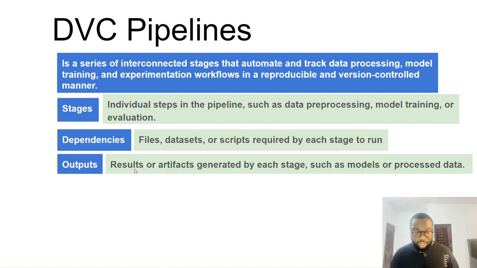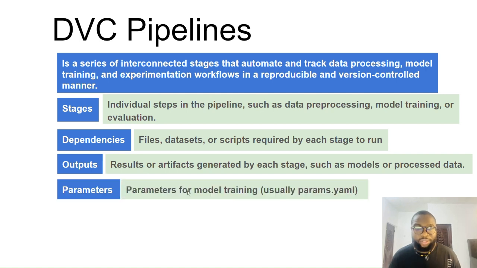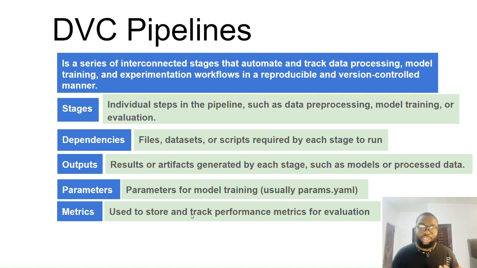The output is the result that comes out of a stage. You can call it artifacts generated by a stage. It can be the model or the processed data. Then you have the parameters, the params used for training the model, so you can specify that also. And the metrics are used to store and track performance metrics for evaluation. Of course, when you're training a model, you need to have those.